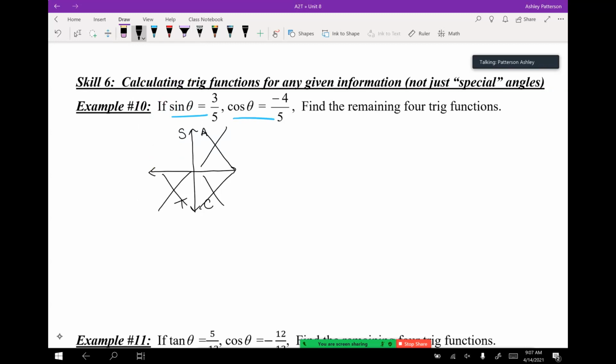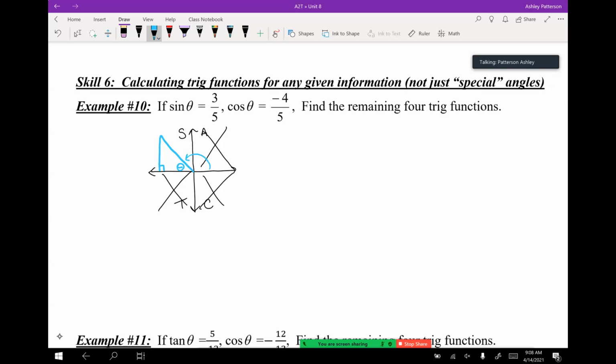So the triangle that we need to draw that exists for the given information is going to lie in our second quadrant. So I'm going to draw my triangle with the reference angle at the origin. Friendly reminder, if I were to rotate an angle in standard position, the hypotenuse is the terminal side.